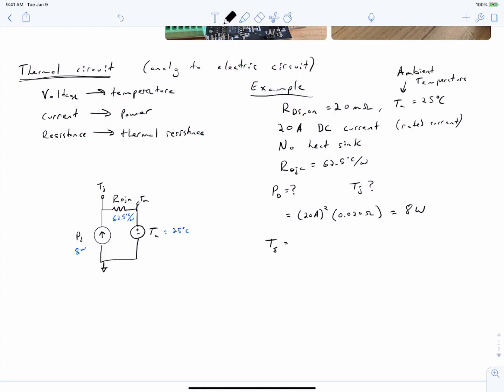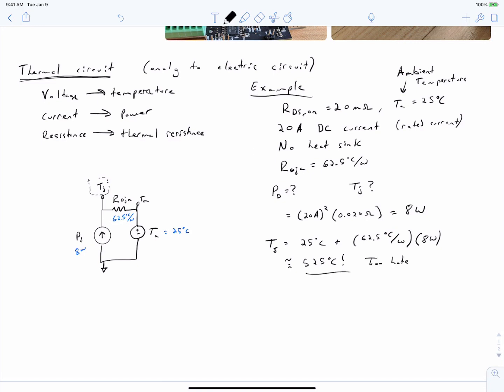So we have a current source of 8 watts, or a power source of 8 watts, and an ambient temperature of 25 degrees Celsius, which gives us an equation like this for the junction temperature. So that's the voltage at this node. And if we solve this, we find that we have a temperature of approximately 525 degrees Celsius, which is way too hot.